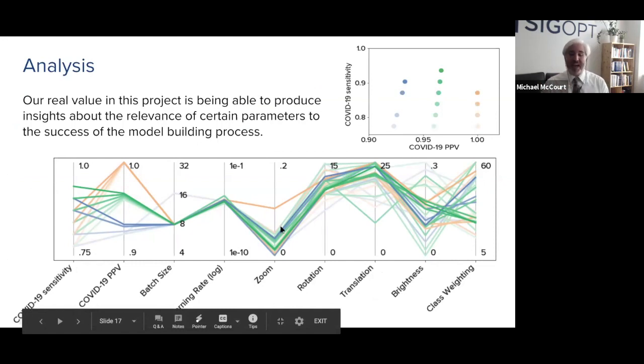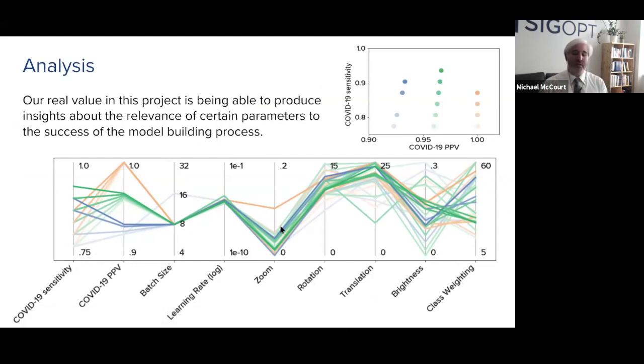Certain parameters really had to be set a specific way. Batch size and learning rate had to be set in a very specific region. Some of the parameters, brightness, and in particular this class weighting, which is the impact on the loss function, as we mentioned earlier, had much less impact, which could be a function of any number of different things. More study would have to be conducted.